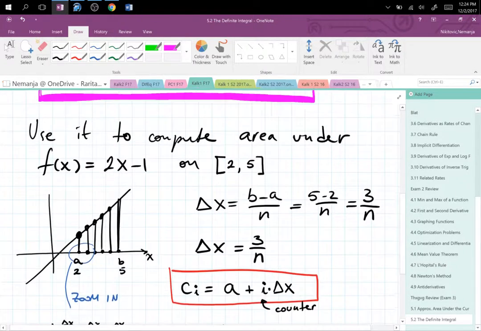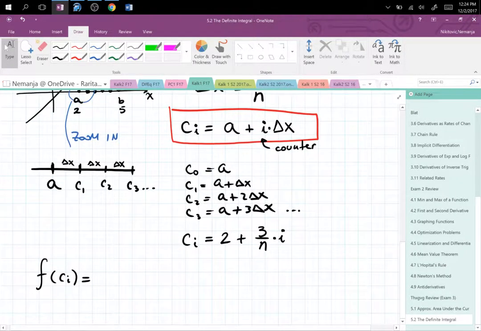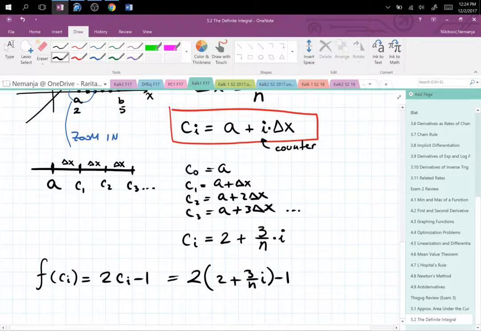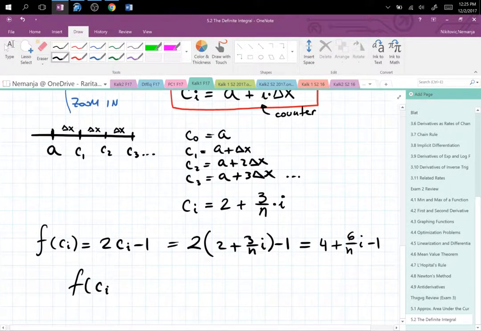Well, f is given to me as 2x minus 1. So that's 2 times 2 plus 3 over n I, minus 1. So now I have 4 plus 6 over n I minus 1. And finally f of Ci is equal to 3 plus 6 over n I.